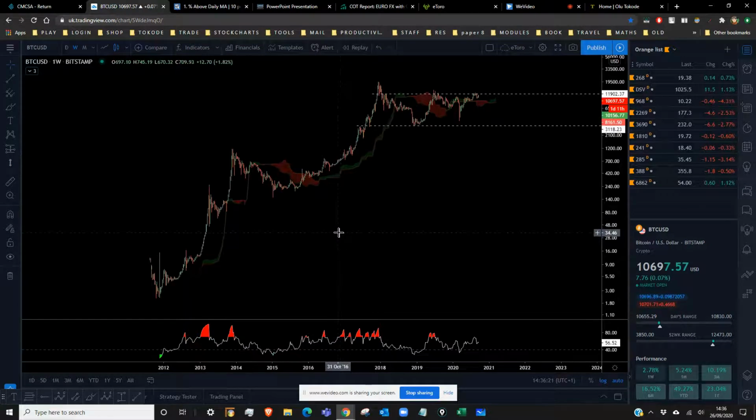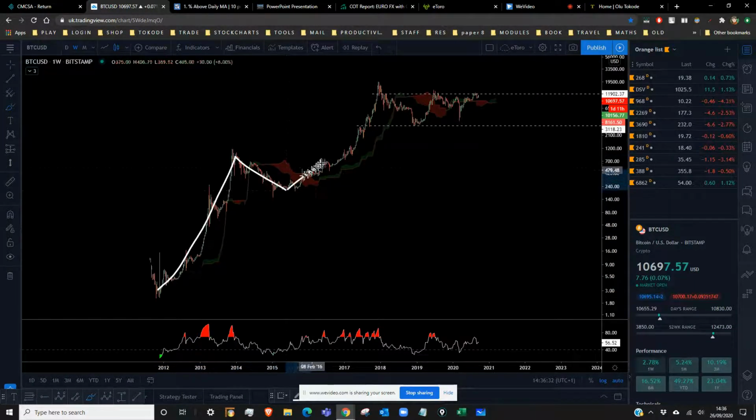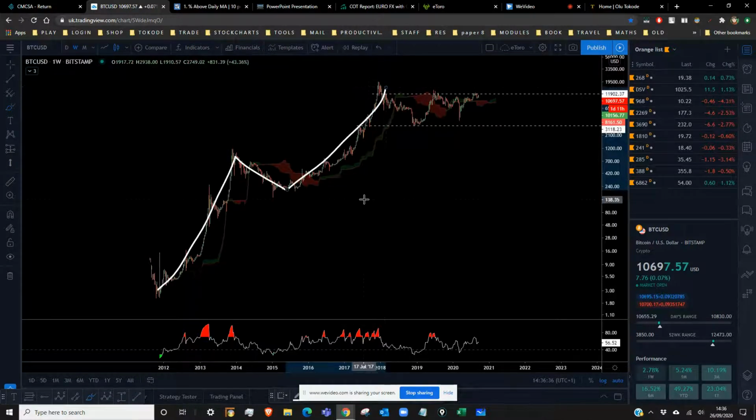So looking at this on the weekly chart, I can see an uptrend from 2012 till 2013, and then a downtrend, and then an uptrend from 2015 till 2018. And since then, price has been trending within a range.